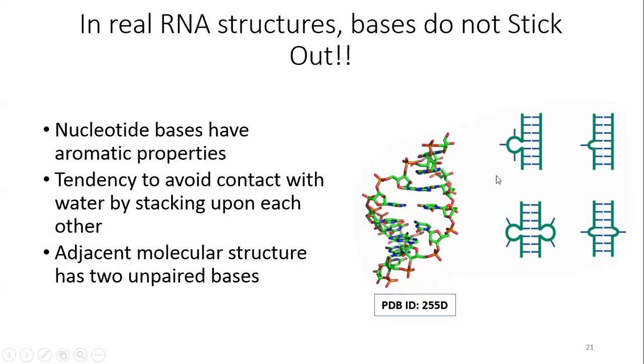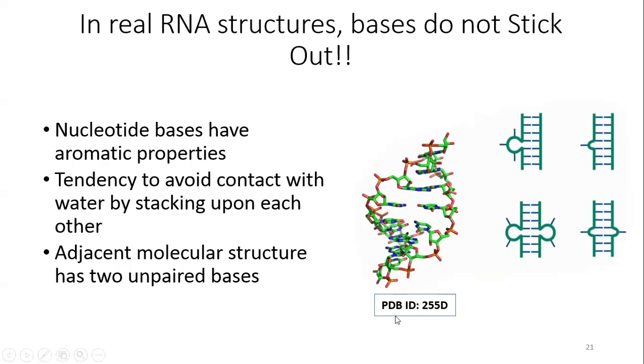What they do is stack upon each other to avoid contact with water. Therefore what you can see over here, in this adjacent molecule, is two unpaired bases. See how beautifully, although you have unpaired bases, they tend to avoid contact with water by stacking one upon the other.